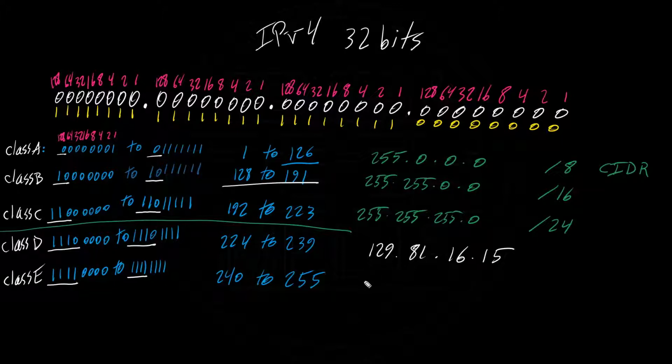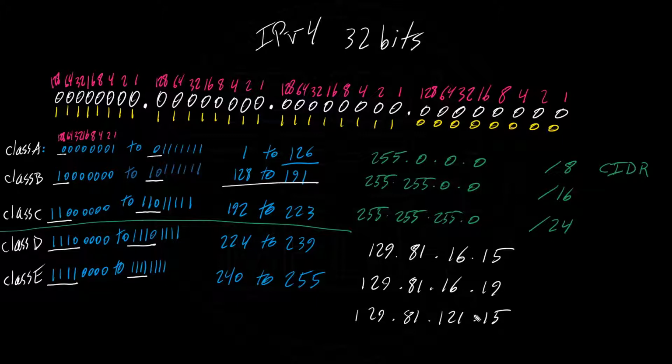Another IP address, 129.81.16.19. This one, 129.81.121.15. So if I ask you a question, are these IP addresses on the same network?